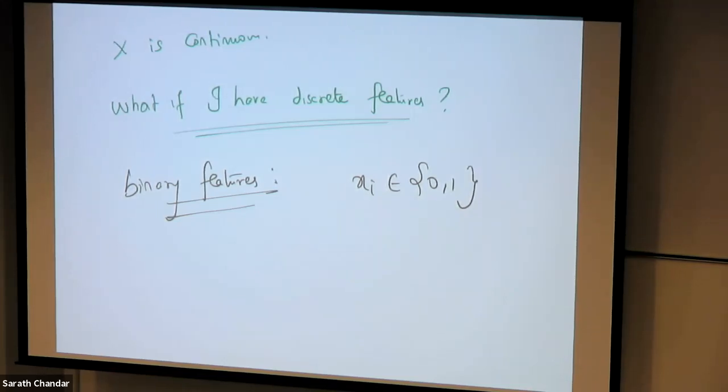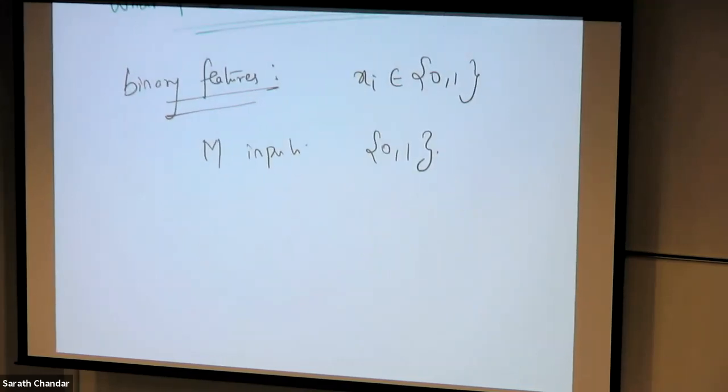Now, let's say there are m input features, and they all are binary. Can you tell me how the general distribution would look? If you have m features all binary, how many possible configurations are there in this distribution?